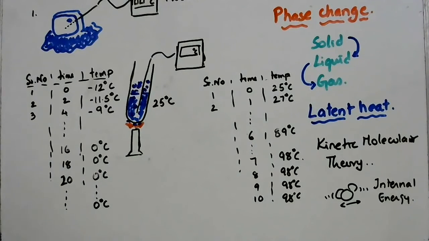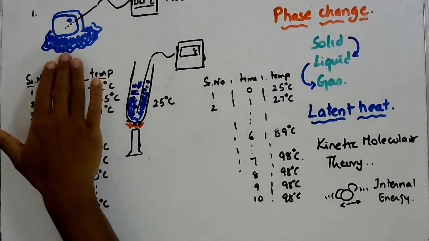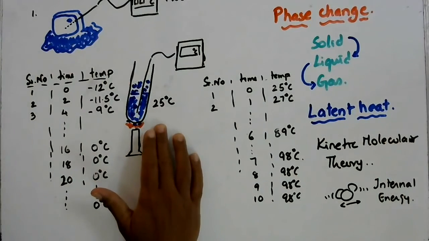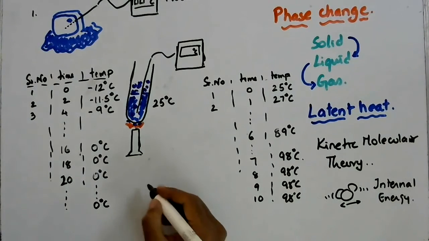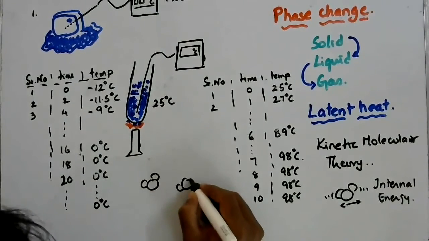Well, the explanation for this is that the latent heat that is being provided in both these situations, in the case of the melting ice and the boiling water, is being absorbed to increase the intermolecular distances. Okay, so water molecules, let's say they are like that, something like a Mickey Mouse model.